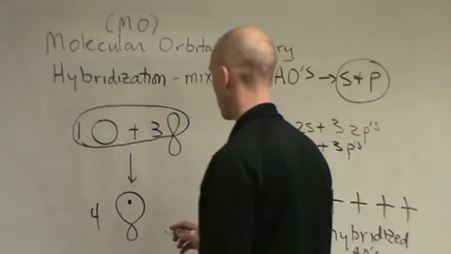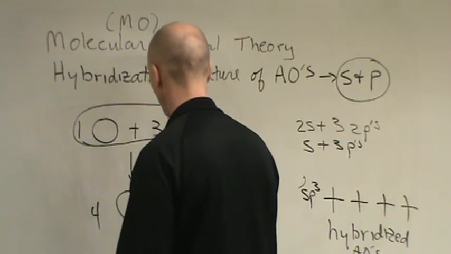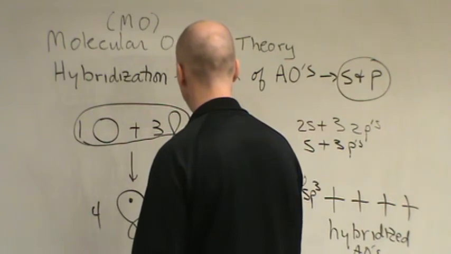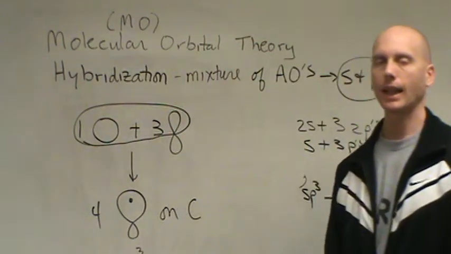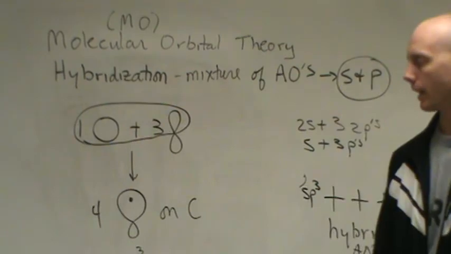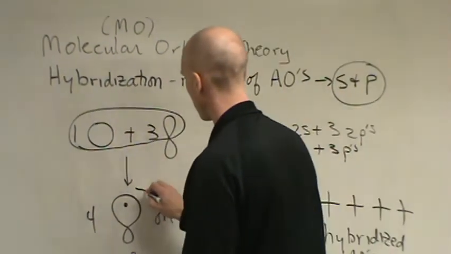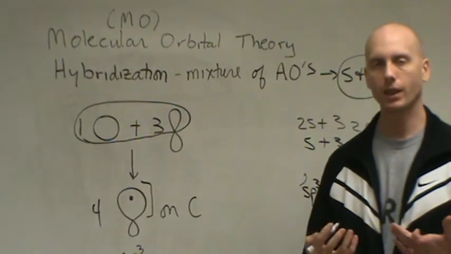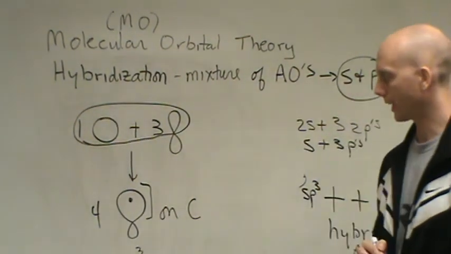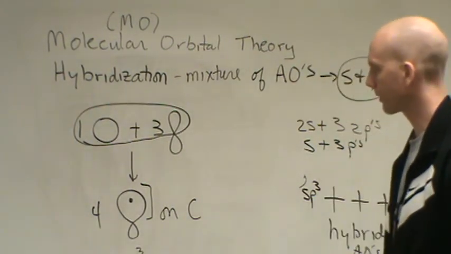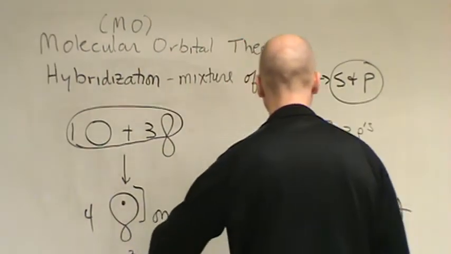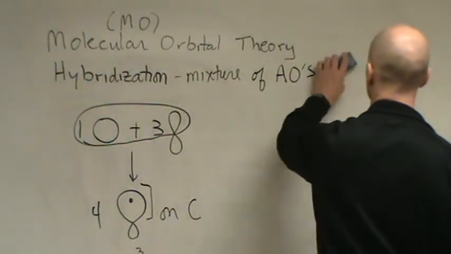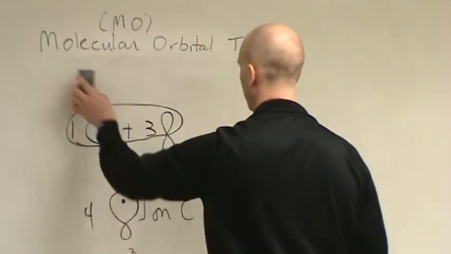So this here is the sp3 shape. So we're going to get 4 of these on the carbon atom. And what we're going to do is just focus on this fat part here, because this is the part that will do the bonding on the carbon atom. So let's draw those 4 on the carbon atom.